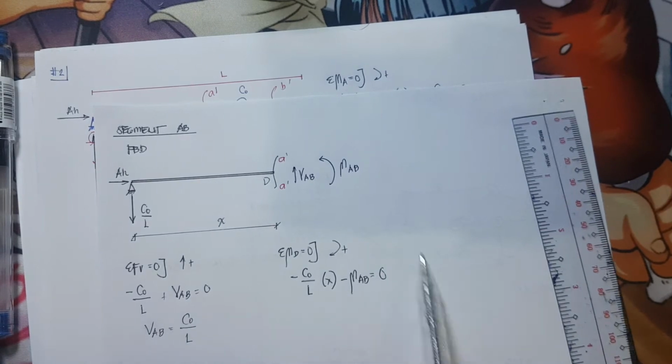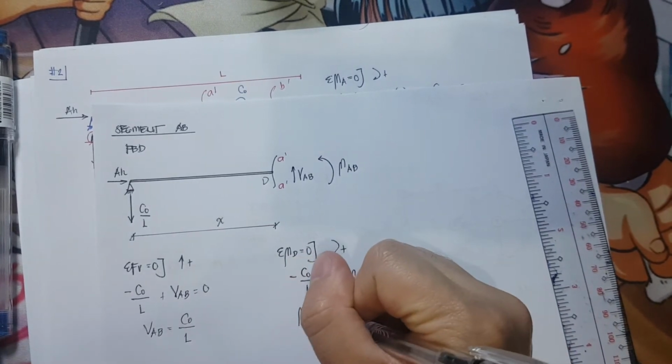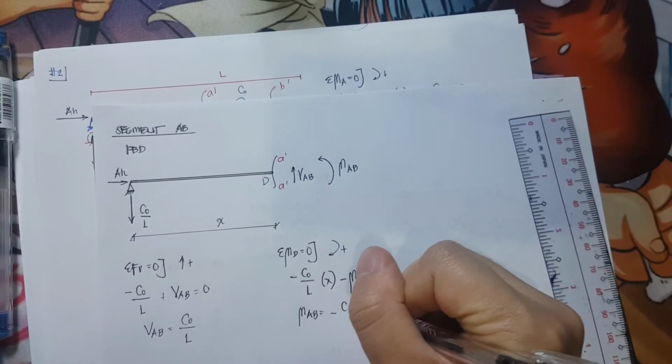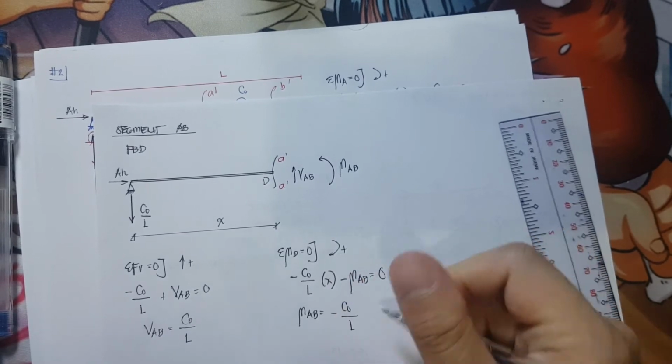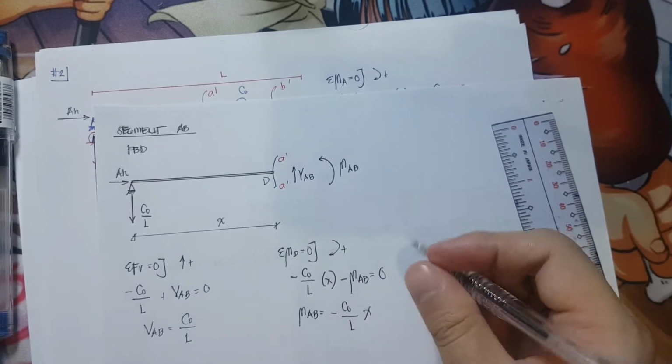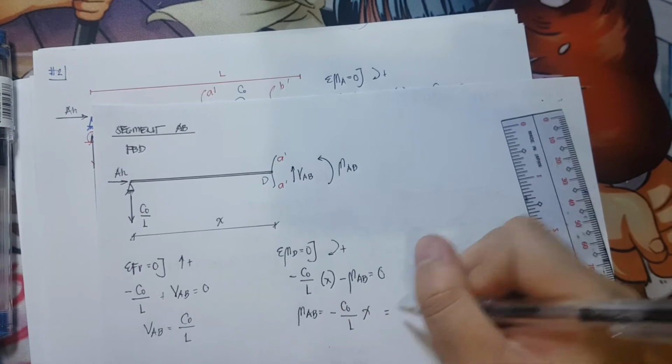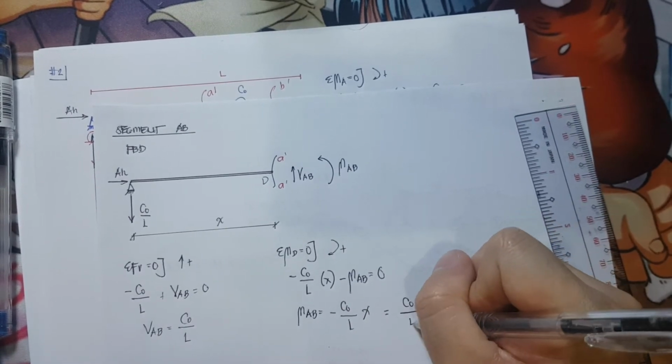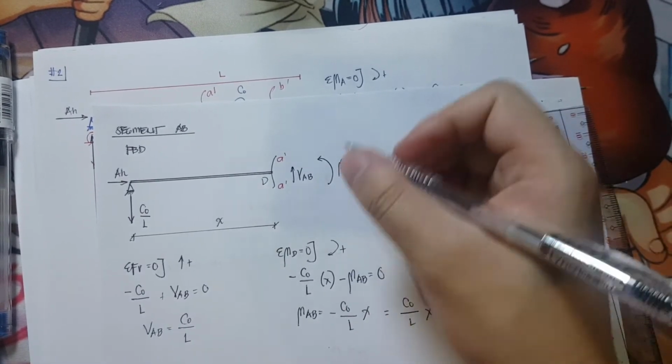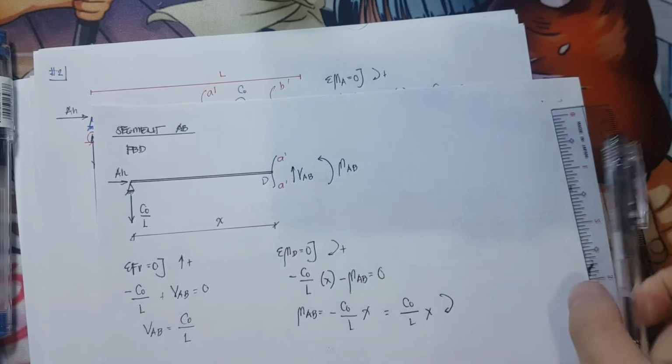Transpose this to the other side of the equation. MAB is equivalent to negative C₀ over L times x. Therefore, my assumed direction is incorrect. So it is C₀ over L times x, and it should be clockwise.